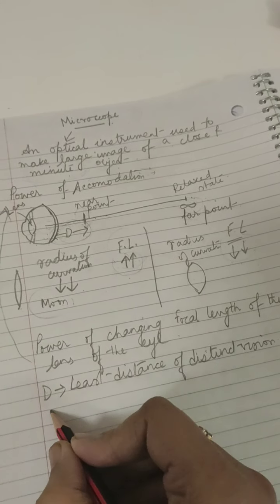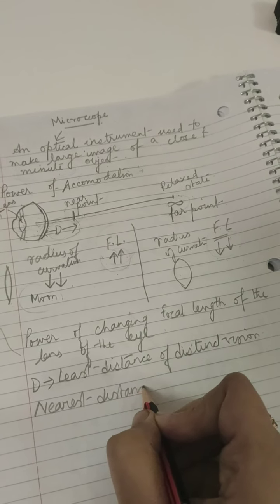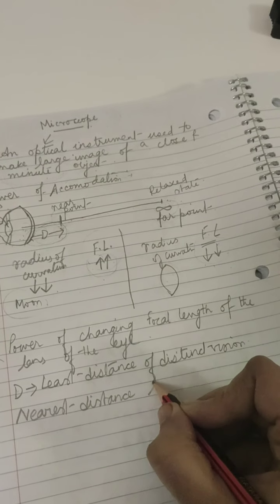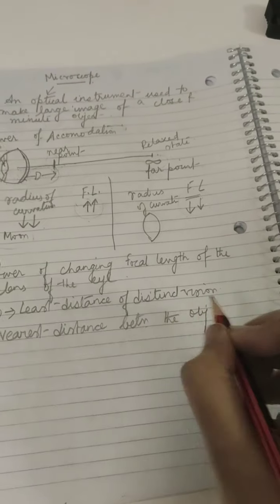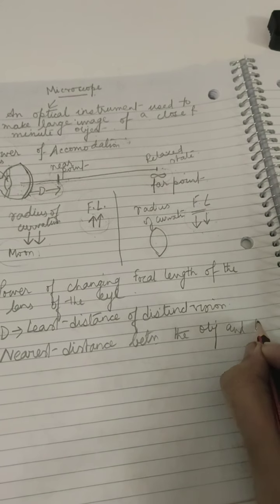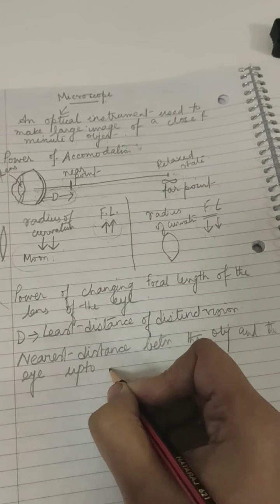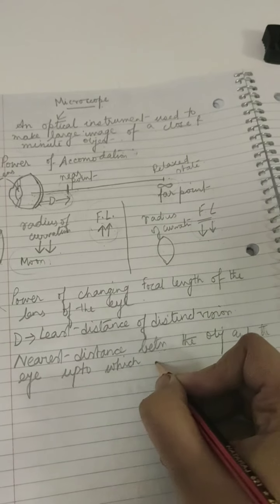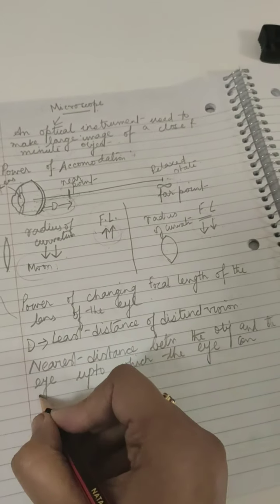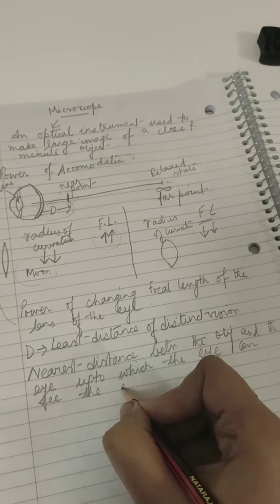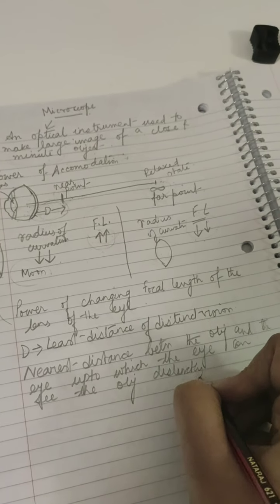It is the nearest distance between the object and the eye up to which the eye can see the object distinctly.